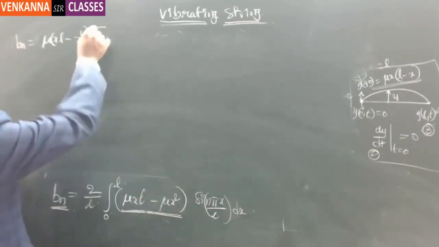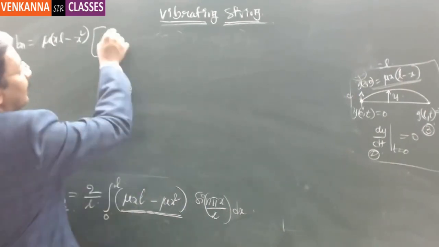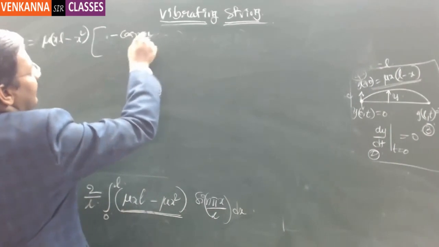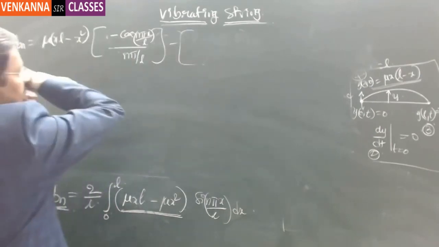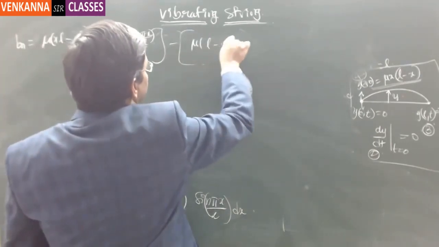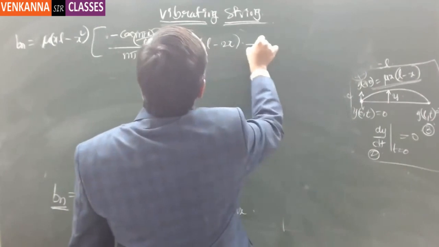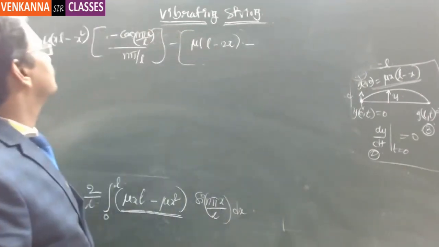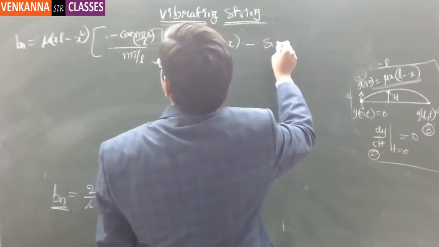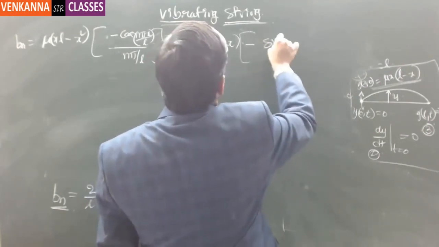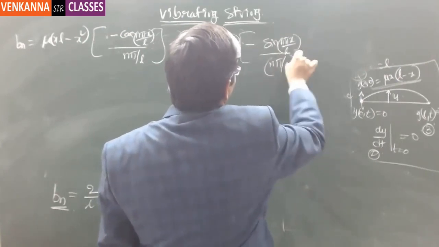The integral of this is minus cos(n pi x by L) divided by n pi by L. Then minus, the derivative of u is mu into (L minus 2x), and the integral of that is minus, the integral of cos is sin, so sin(n pi x by L) divided by (n pi by L) whole square.